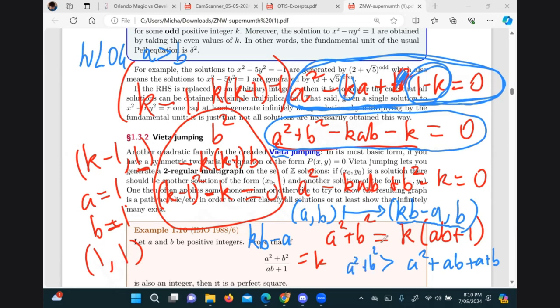So the A squareds cancel, and we're saying B squared is greater than AB plus A plus B.